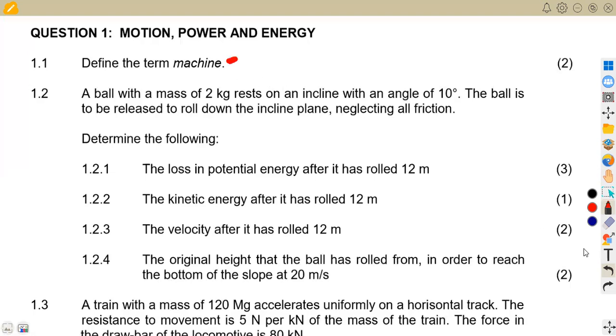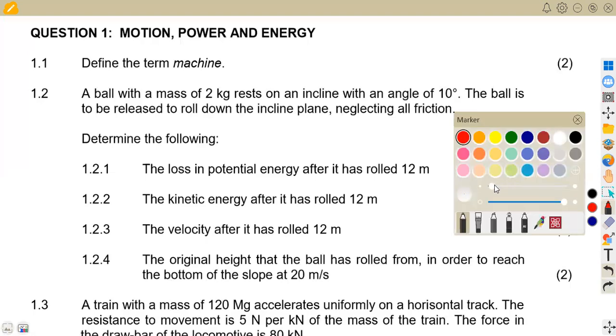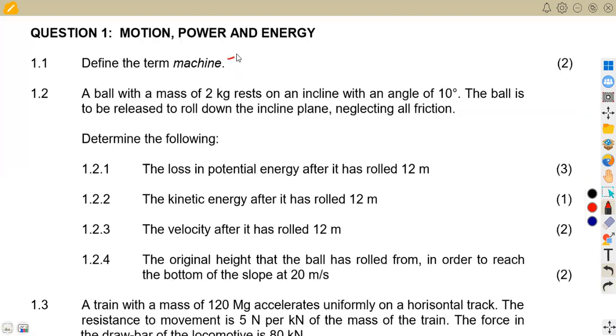So you can write this as, a machine is a mechanical device which enables work to take place.